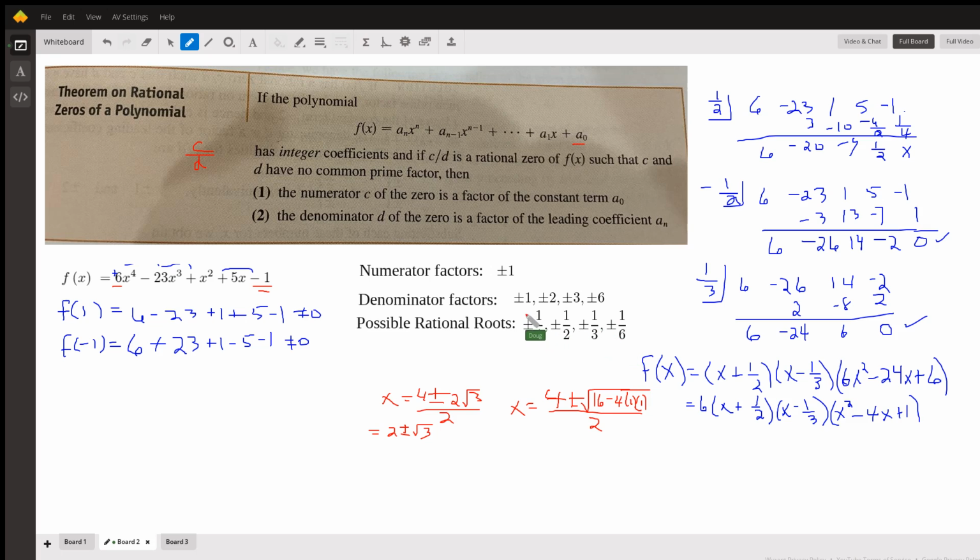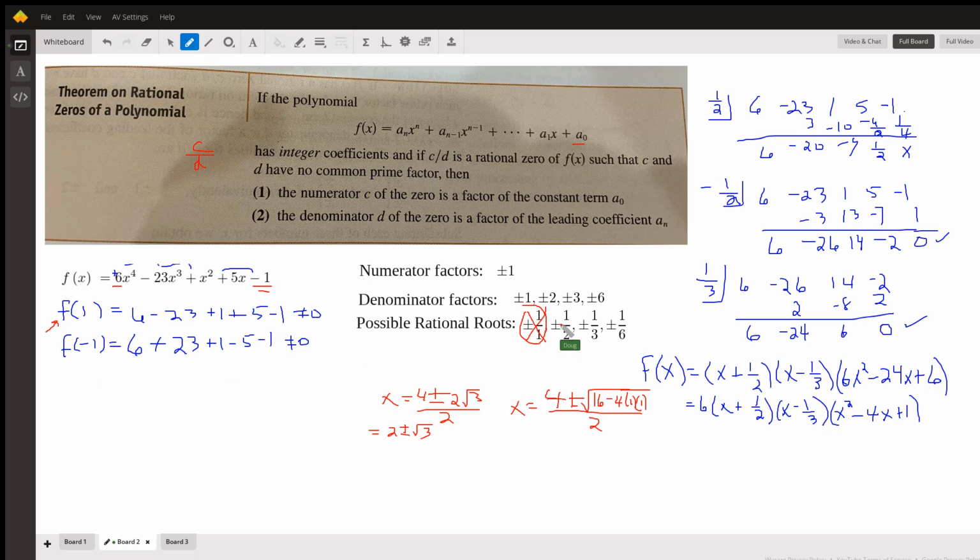We can test f of plus or minus 1 directly instead of using synthetic division. For 1, we see that we get a number that's not 0, and f of negative 1 is not 0, so we can rule these out.